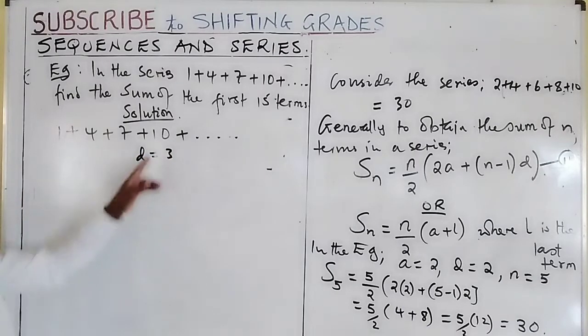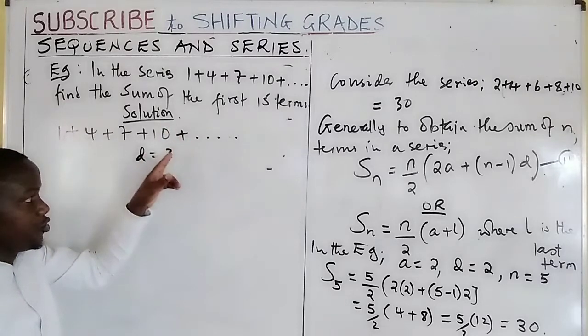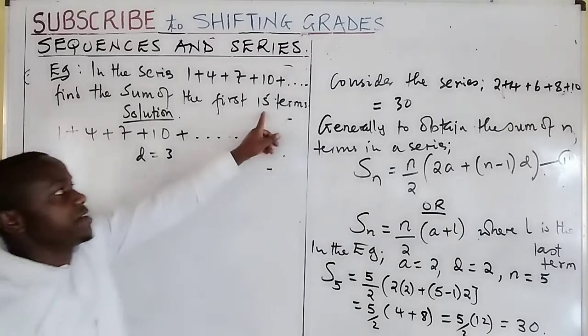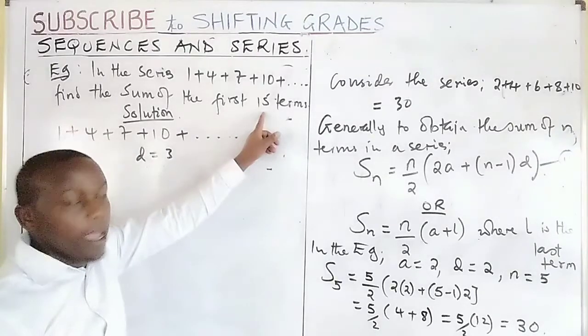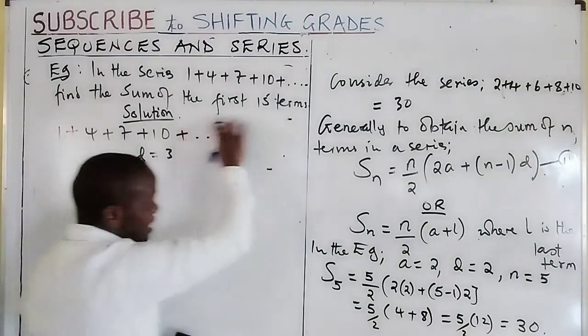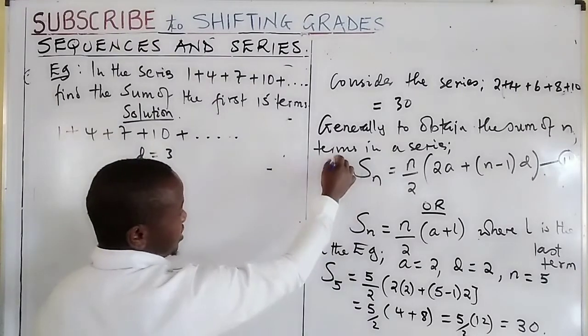So we can add 3 to 10 to get 13, add 3 to 13 to get the next term, and so on until we obtain the first 15 terms. But that will be a bit tiresome.